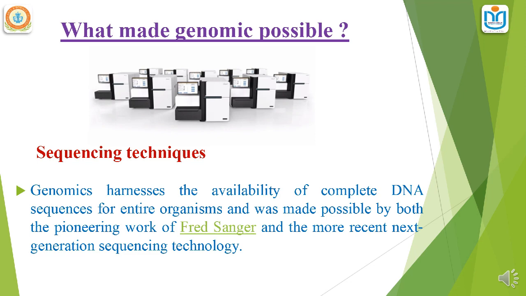Our genetic material consists of a four-letter code, A, C, G, T: adenine, cytosine, guanine, and thymine. By the Human Genome Project, using different sequencing techniques, we found that our total genome size is about 3 billion nucleotides, and this was made possible only with the application of sequencing techniques. Sequencing was a tedious process in earlier days. That's the reason why, when the Human Genome Project started, it took about 13 years to complete the sequencing process.